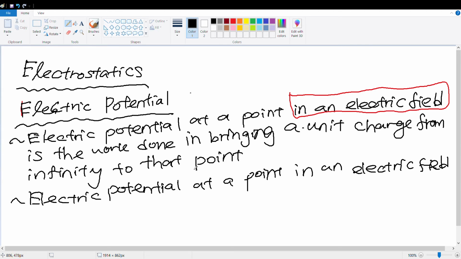The same goes for both electric potential and electric potential energy.